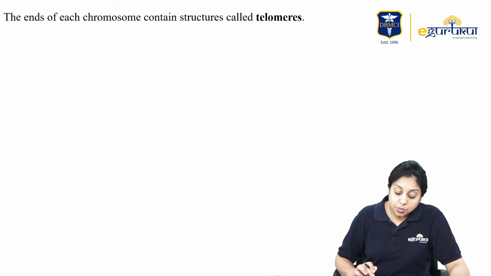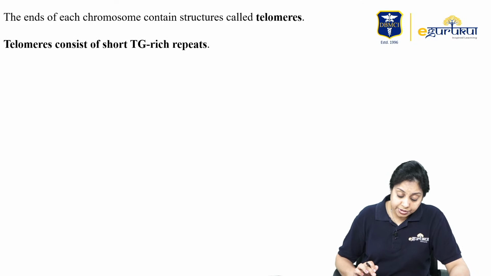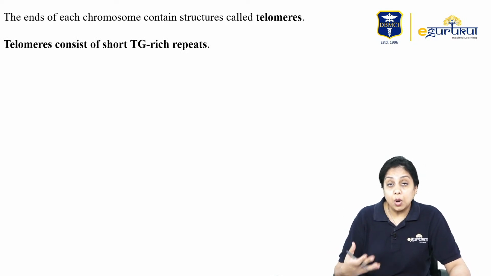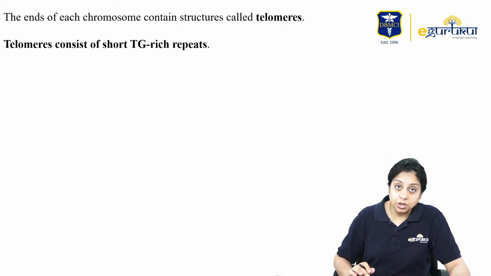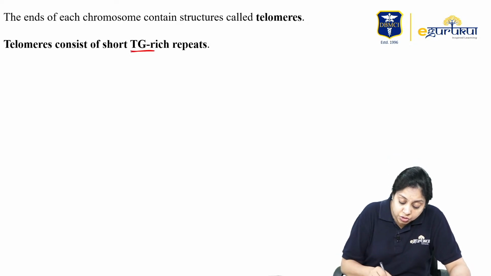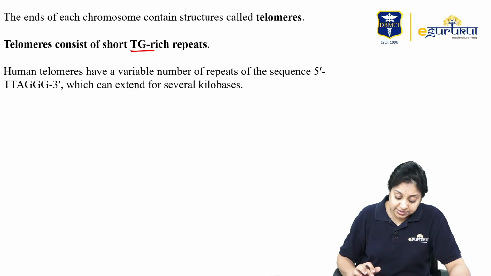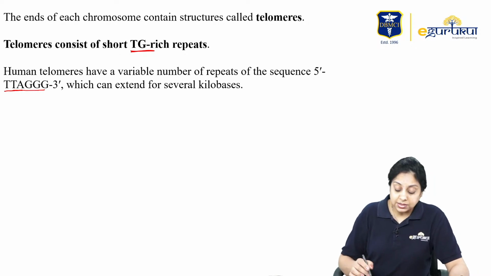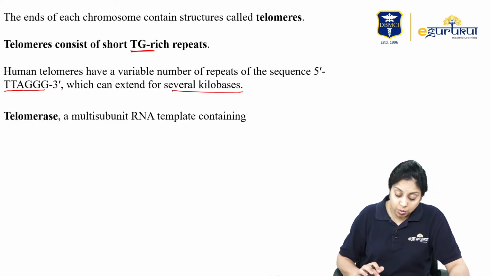The ends of the chromosome contain structures called telomeres. Telomeres have these other features. You may see these as options in the exam also, so I thought to incorporate it. Telomeres consist of short TG rich repeats, like T, T, A, G, G, G. The sequence is similar to this, but they can extend to several kilobases.